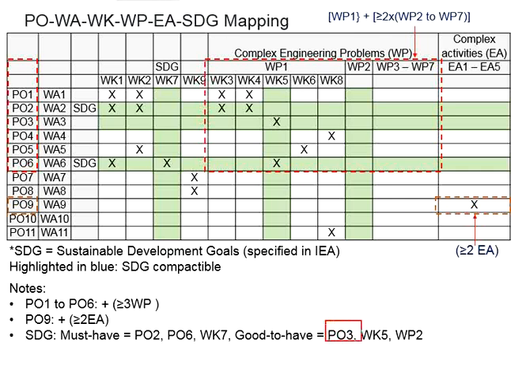As for PO3, WK5 and WP2, SDG is something that is good to have. Although it is not clearly stated to have sustainable development, there are some components that seem to be related to the sustainable development.